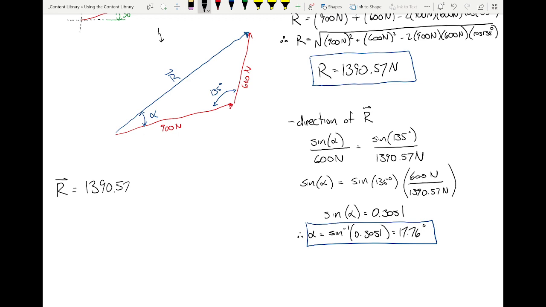You're spoiling my thunder, though. So 1390.57, and we'll say at an angle of 17.76 degrees. Is that correct? Why? Whoever said that, I'm asking. Because it's not the right direction, because you have to take into account the 30 degrees.